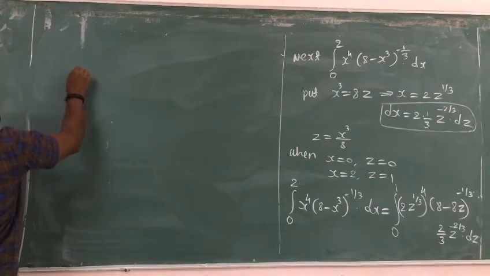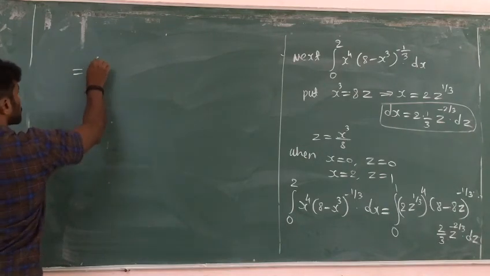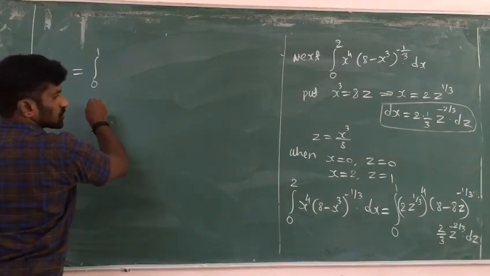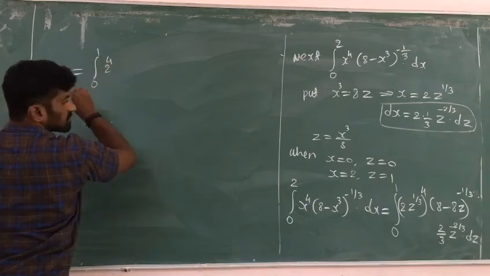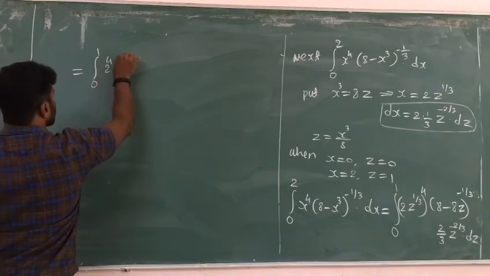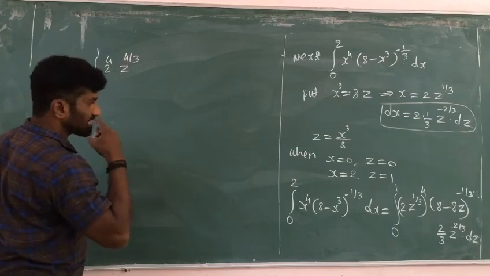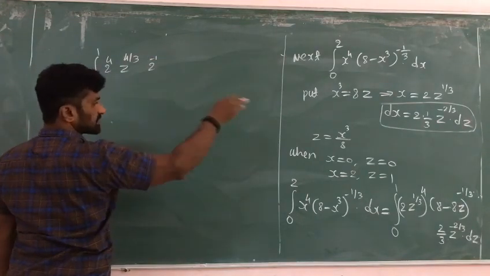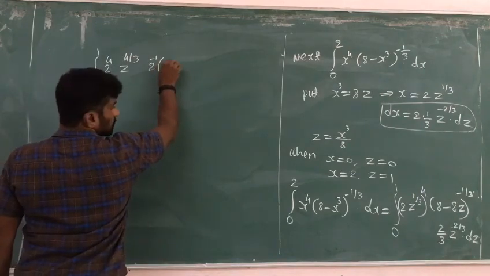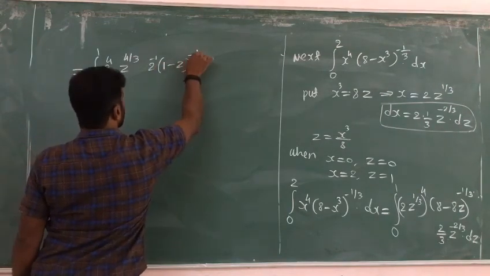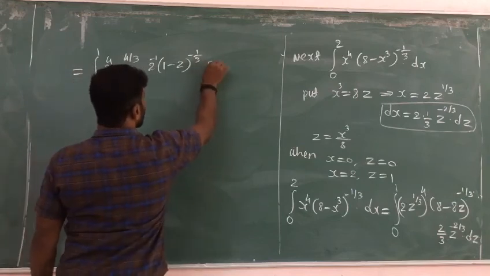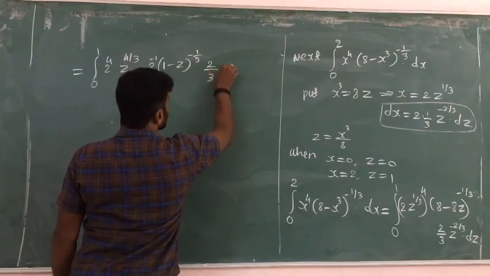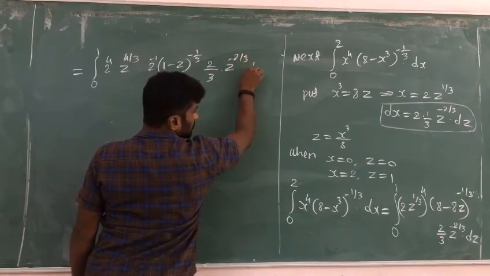That equals the integration of 0 to 1, 2 raised to 4 into z raised to 4 by 3, right? 8 is taken common, so 2 raised to minus 1 comes, 3 gets cancelled, then 2 raised to minus 1 minus z raised to minus 1 by 3 into 2 by 3 into z raised to minus 2 by 3 into dz.